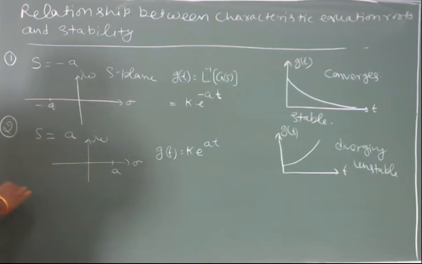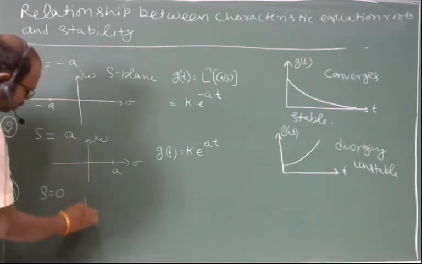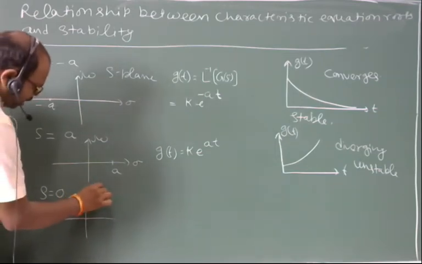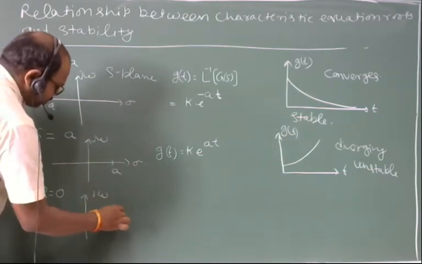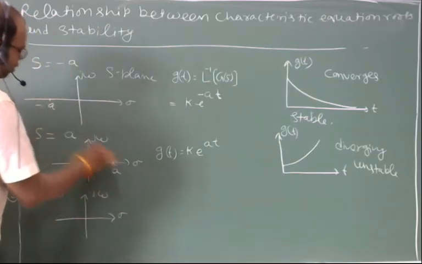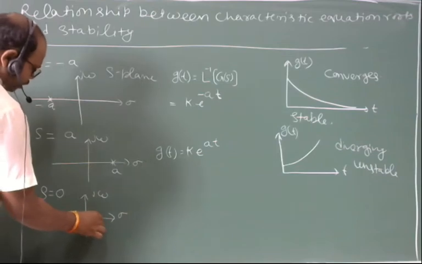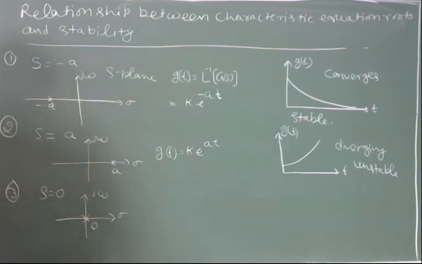Case 3. If the system has poles at origin, it means S is equal to 0. That is, in the S plane, poles are at origin.